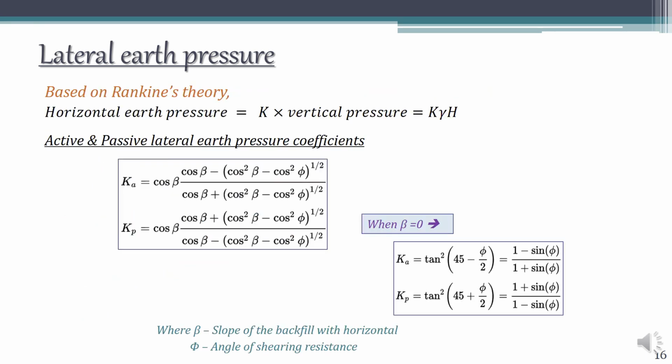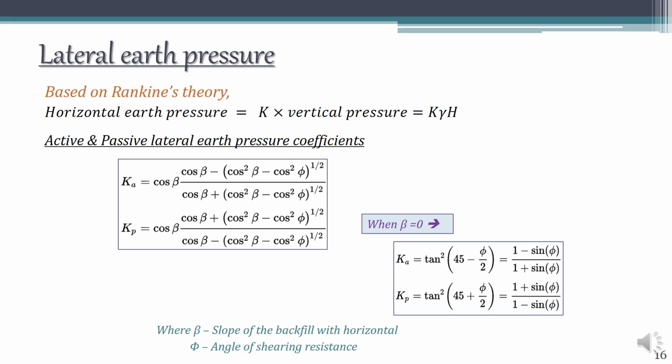Based on Rankine's theory of earth pressure, the horizontal earth pressure is a lateral earth pressure coefficient multiplied by the vertical pressure. At any depth, the vertical pressure is gamma into h, where gamma is the unit weight of the soil and h is the height of the soil above that level.